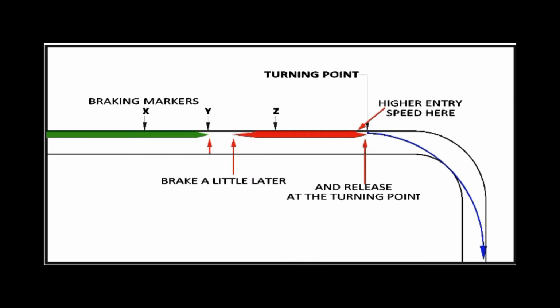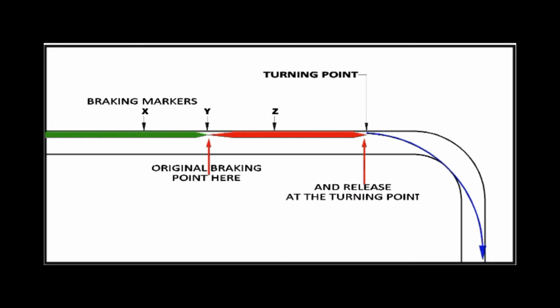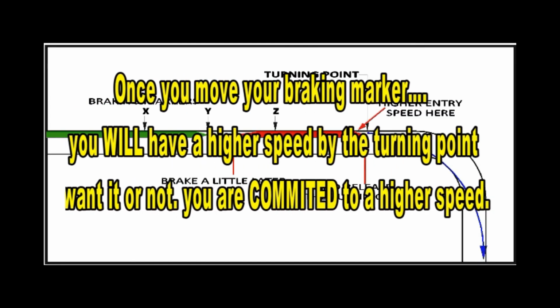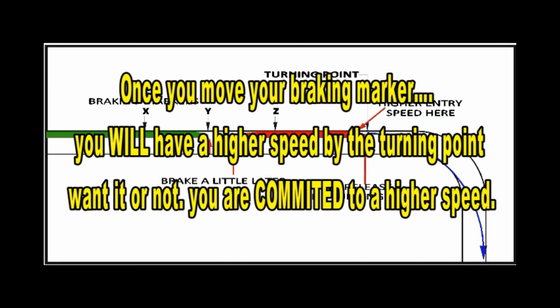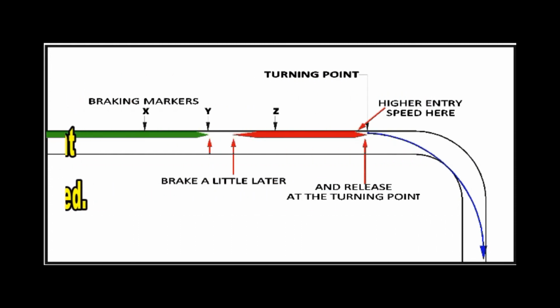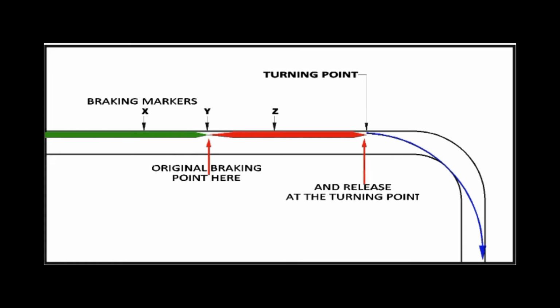Because once you move your braking marker, you will have a higher speed by the time you get to the turning point, want it or not. You are committed to a higher entry speed once you delay your braking a few feet. The problem with this is, how much higher is your speed going to be? That's an unknown. And if you brake a little too late, you could easily get in over your head with way more entry speed than you wanted. So just waiting a little bit later to brake is an option, but it might not be the best one.